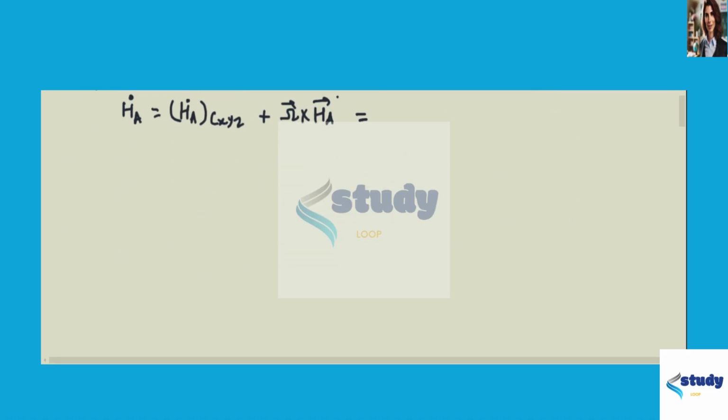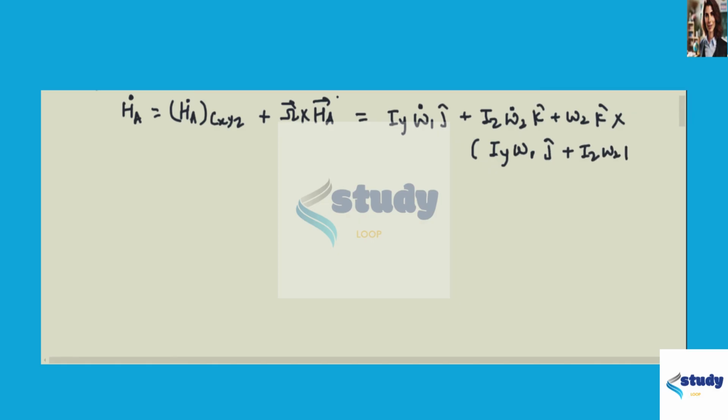It would be Iy omega 1 J cap plus Iz rate of change of omega 2 K cap plus omega 2 K cap cross Ix, sorry, Iy omega 1 J cap plus Iz omega 2 K cap.